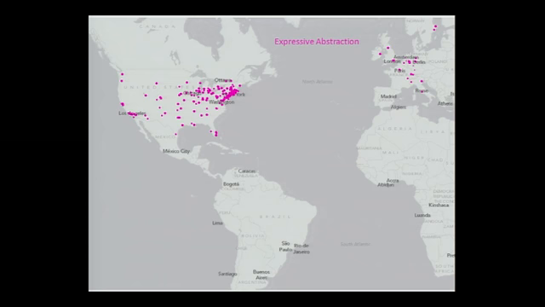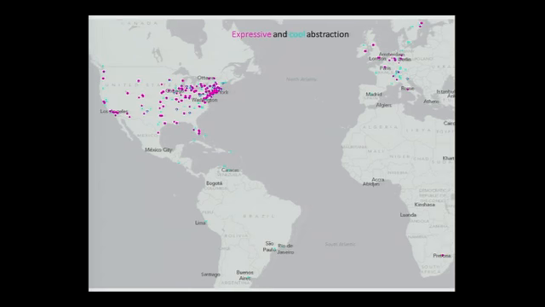So I thought, well, okay, maybe mapping taste will give me an answer that will help my project along. So I mapped expressive abstraction, and I didn't find anything interesting in this map. I added cool abstraction, and I still didn't see anything interesting, except that it confirmed some widely known art historical facts.